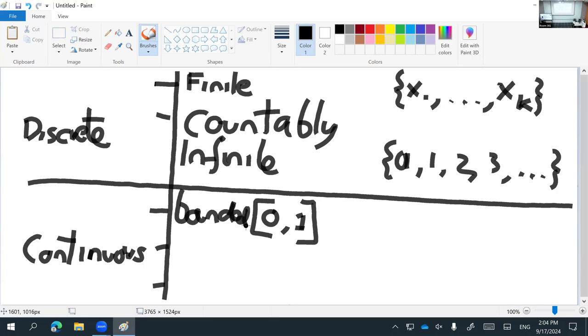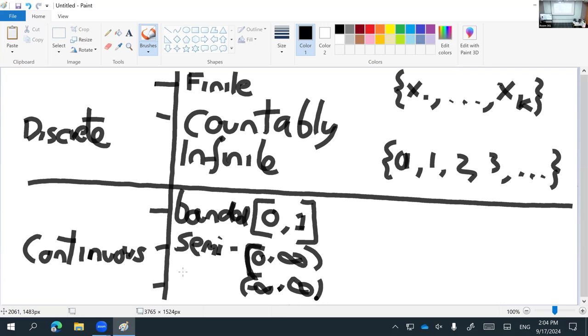Okay. What if it cannot be negative, but it can always be as big as you want? That's called semi-bounded. And what if it's minus infinity to plus infinity? That's unbounded. Okay. What does this mean, basically?